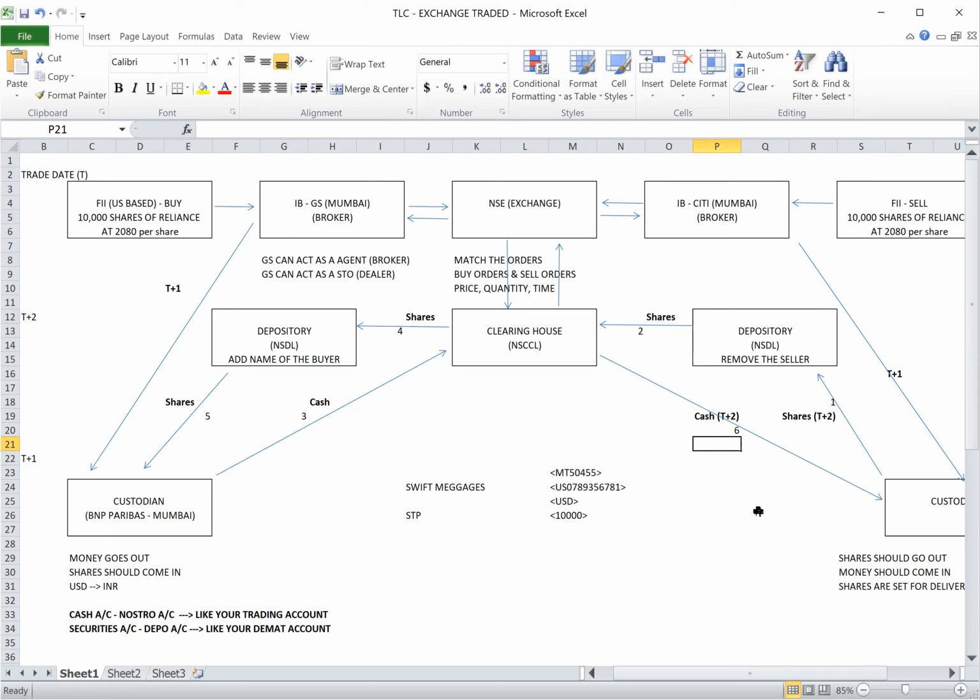Every day, this exchange of shares and cash happens for the trades which happened 2 days before. Just look at this, guys. All this happens on T+2. So this is the entire trade life cycle. Let me know if anything is not clear.